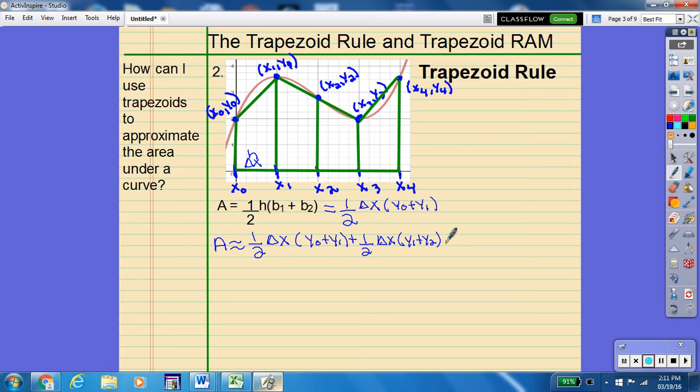And we're just going to keep that going. The next trapezoid, the third one, would be 1/2 delta x times y sub 2 plus y sub 3.